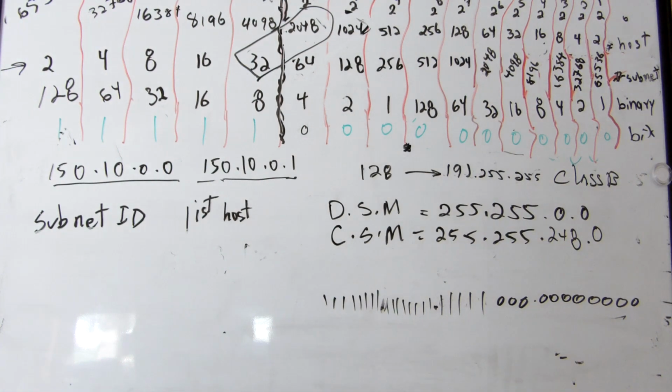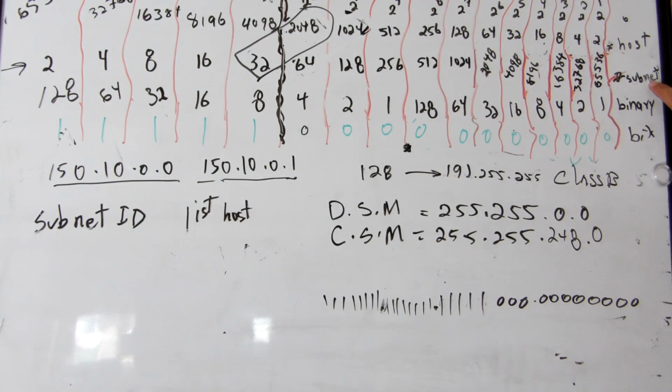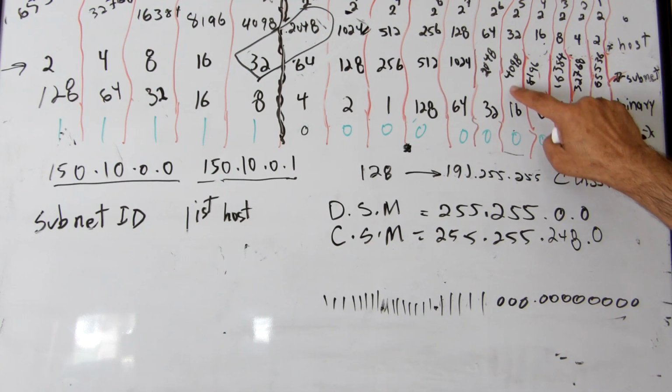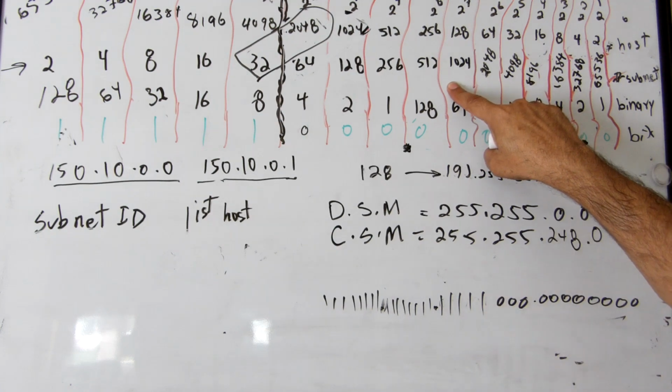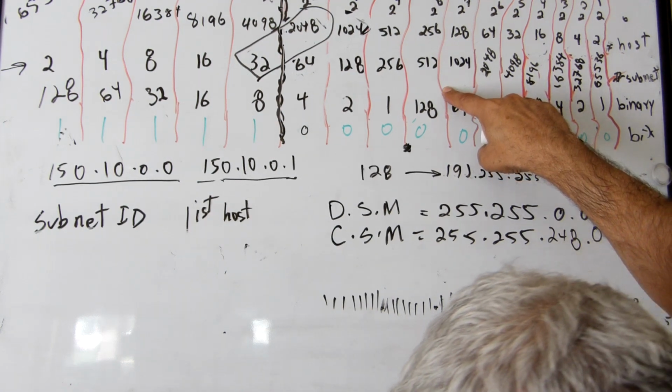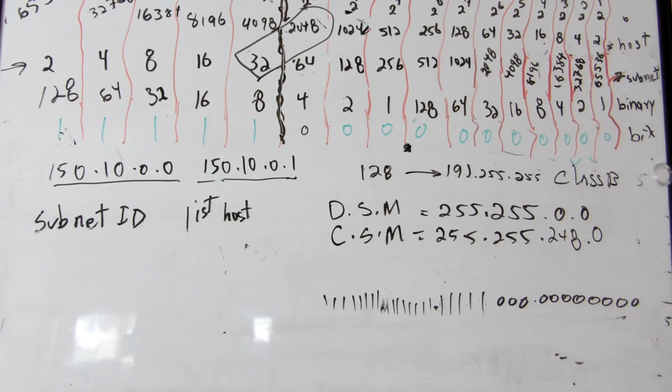Okay, now suppose that you want the number of subnets to be 1024. So the number of usable host addresses is going to be 64.